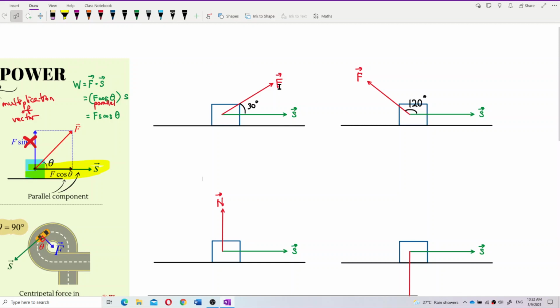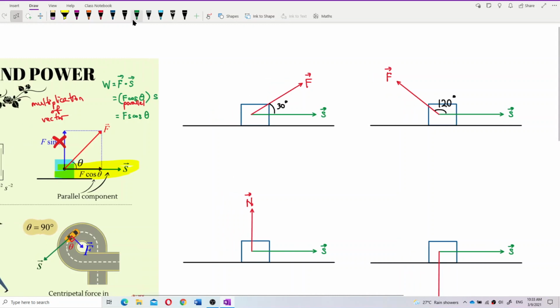This force is 30 degree to the displacement. So to find the work done, work done is equal to F dot S, F dot displacement.